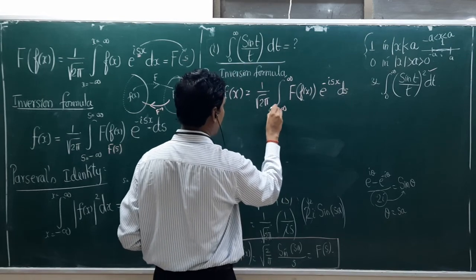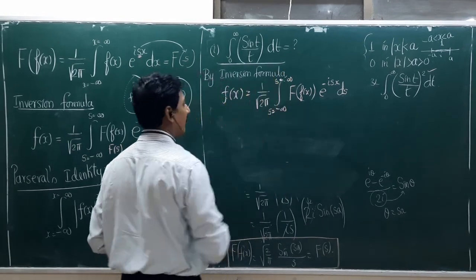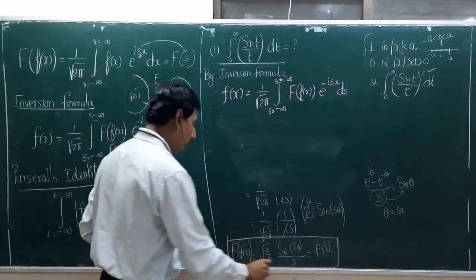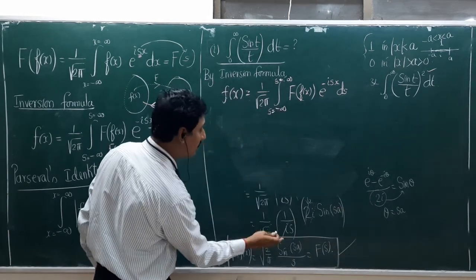Because s is the input here, the outcome is f of x. Already we found the Fourier transform of f of x. Let us substitute here.